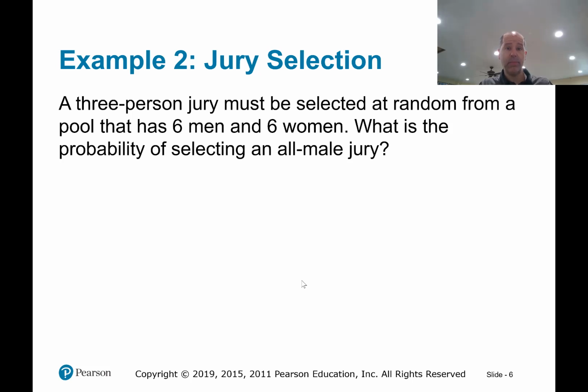As soon as I choose somebody, they're out, and that means that now I only have 11 people to choose from on the second selection. And then after the second selection, I only have 10 people. So every time I choose somebody, the probability is changing, and therefore, they are dependent events.